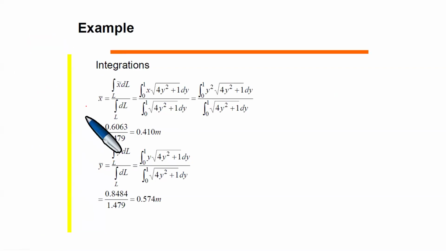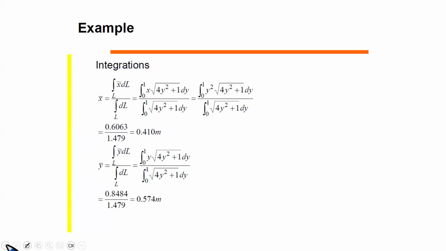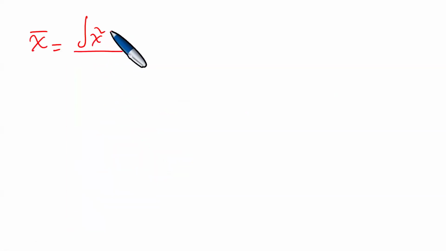For example, we looked at the fact that now the x bar can be seen as the following. It can be seen as exactly the integral of x tilde dl over the integral of dl.